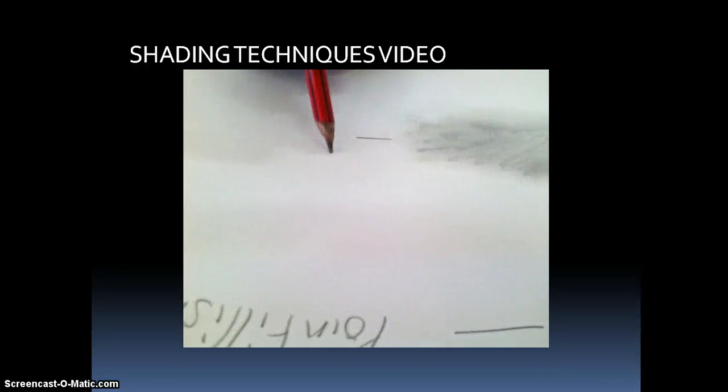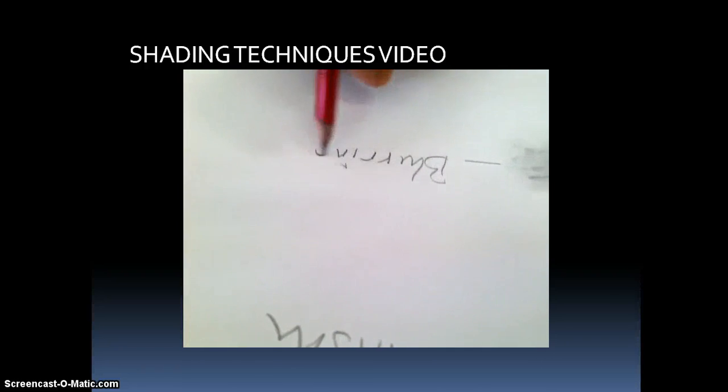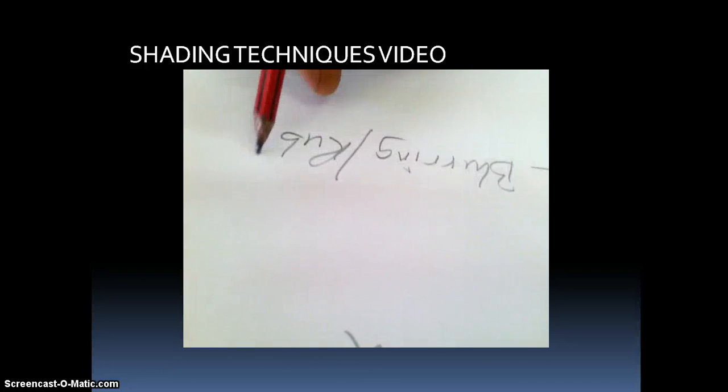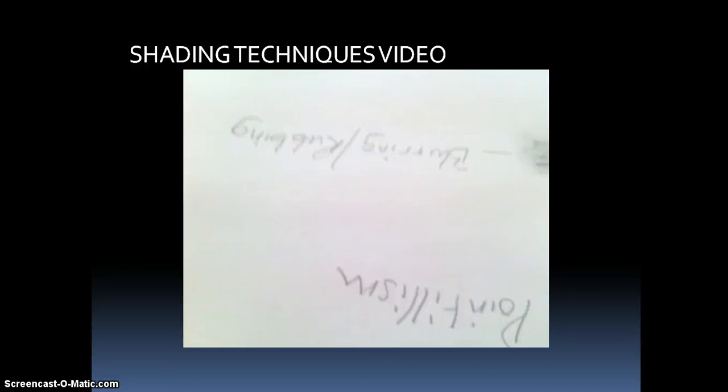And we refer to this particular technique as the blurring or rubbing method. You can actually combine several techniques in one drawing.